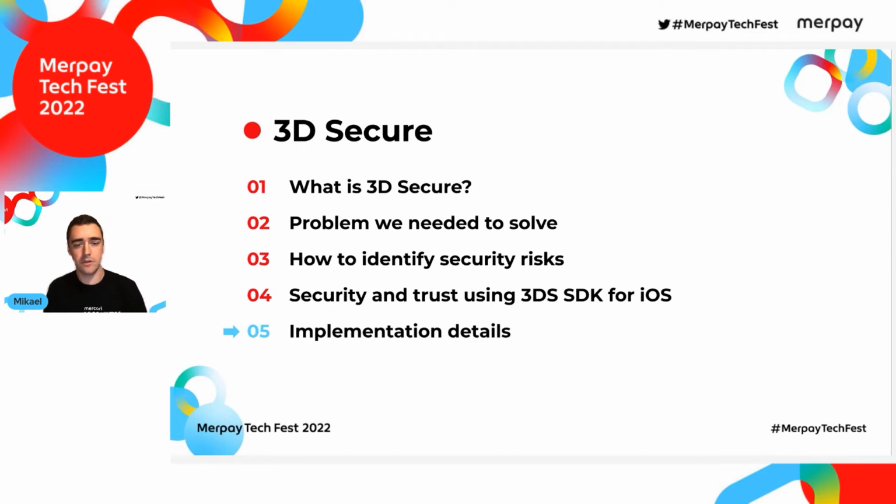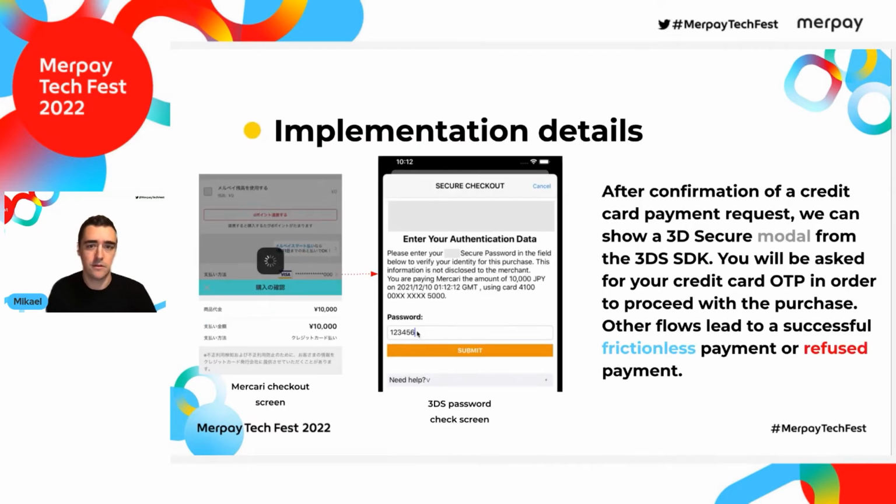So now I'm going to give you a little bit of information about the implementation. Here I come back to the Mercari checkout screen that you can see on the left. And if your transaction is identified as a medium risk transaction, you will see this second screen in the middle, the 3D password input screen.